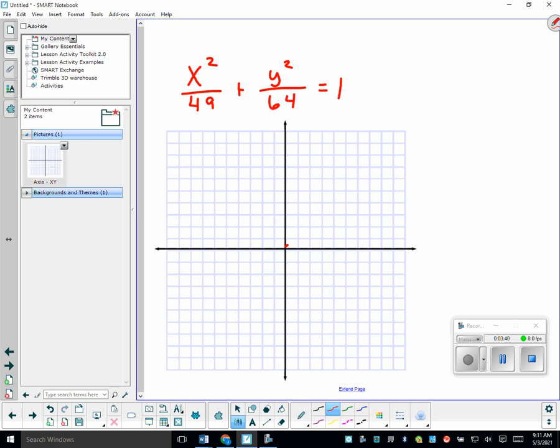So I go right 7 and left 7. My board is off just a little. Now I do the same thing with the number under y squared, which is what? 8 up, 8 down. Okay? Then I draw my ellipse.